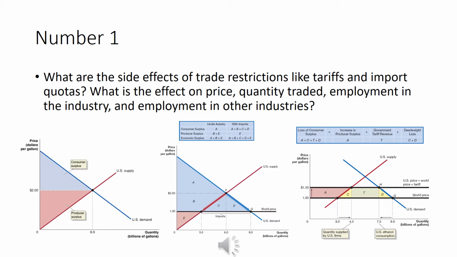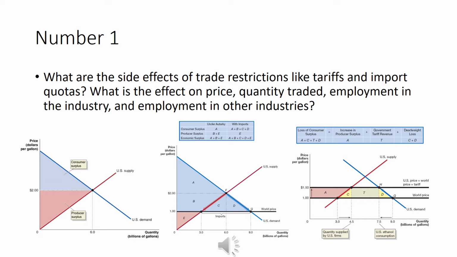And for the amount of gallons that consumers are going to purchase, again, that's going to be where this new U.S. price, so the world price plus the tariff, is going to cross the U.S. demand curve. So it'll drop from 9 billion gallons to 7.5 billion gallons. Fewer consumers are going to purchase this good now that it's at a higher price.